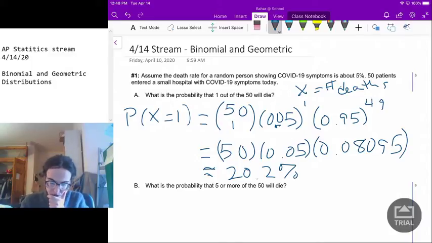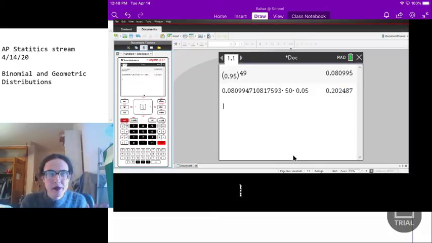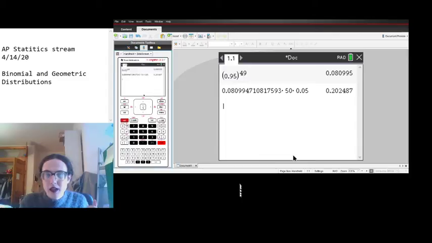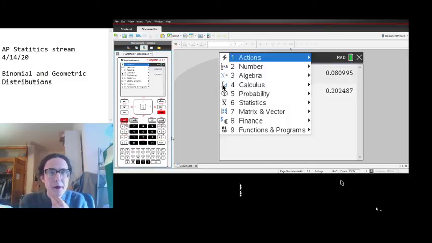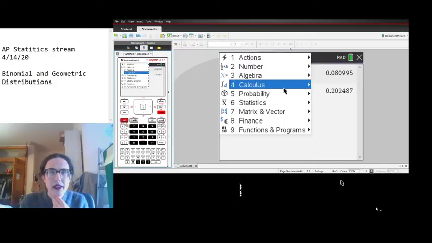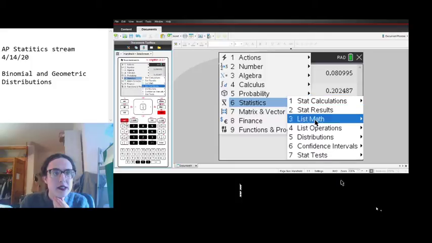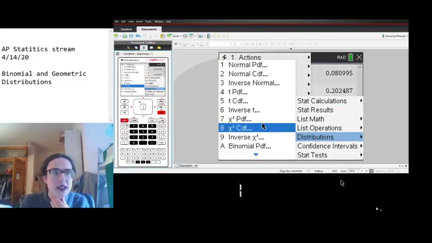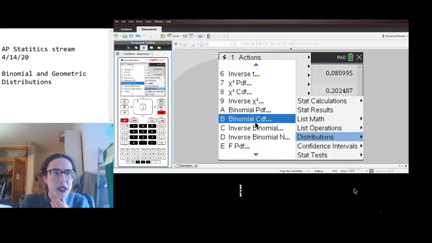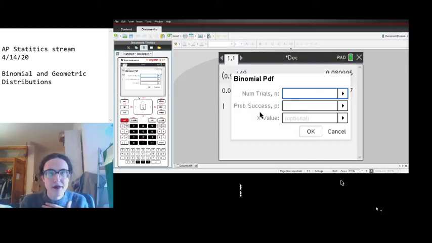So how could we do this on the calculator a little bit more simply? Well, if we go to our favorite menu option, and then we go to statistics, distributions, and we pick out the binomial PDF.